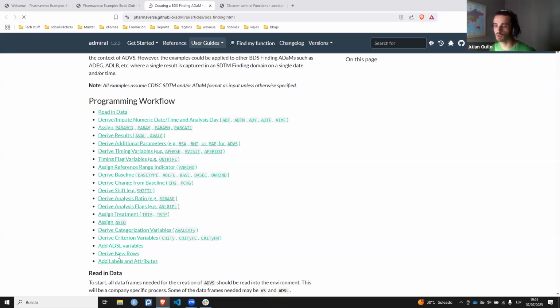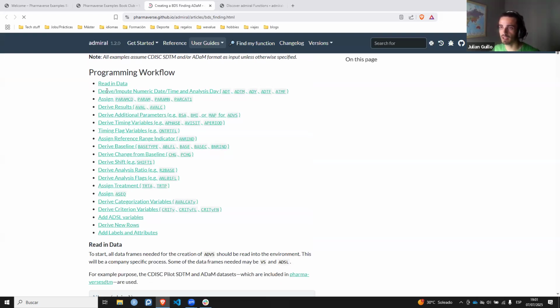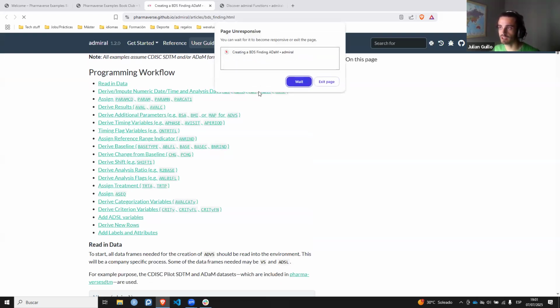In this case, we're going to use just the Admiral library, and we're going to be deriving all these types of variables that we have been describing. We are going to see how everything is derived and which functions we need from Admiral to create this data set.